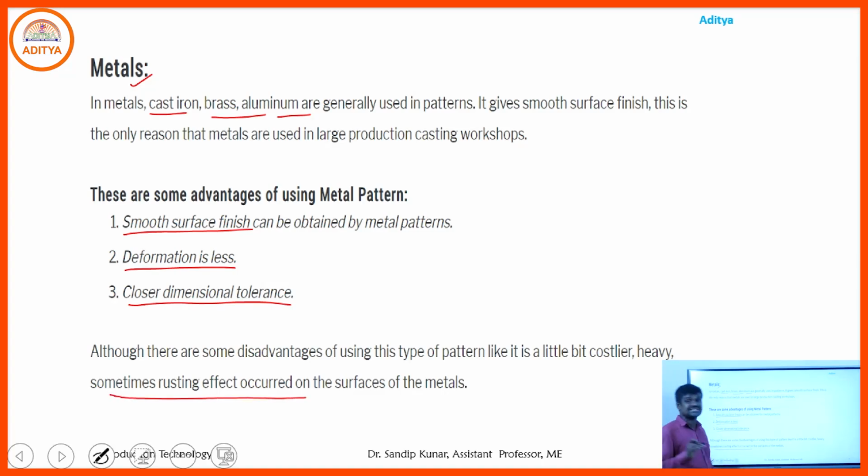One of the main disadvantages of the metals is that it creates rusting, because some metals react with the oxygen of the air and produce oxides, and due to formation of the oxide it creates rusting on the outer surface of the metals, meaning the quality of the metals will deteriorate gradually.